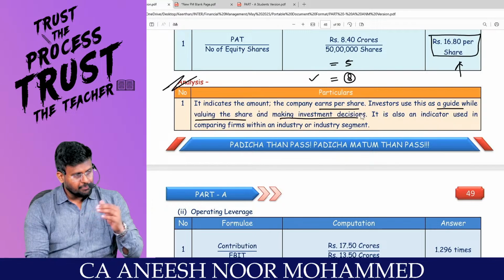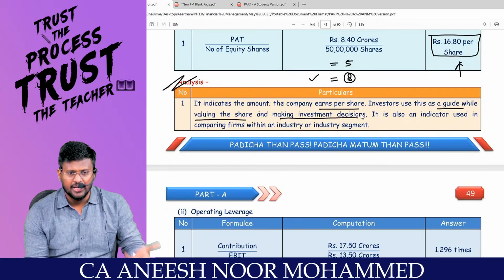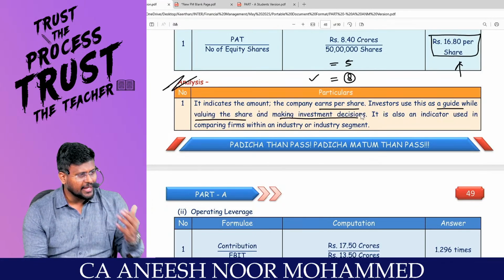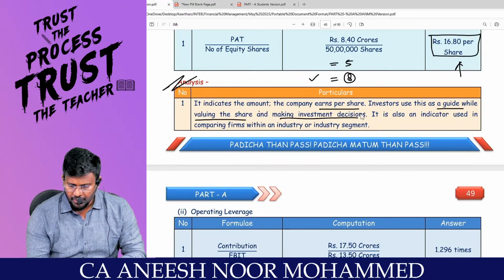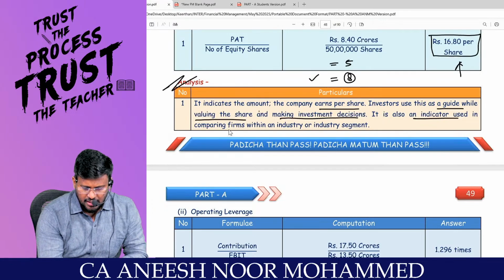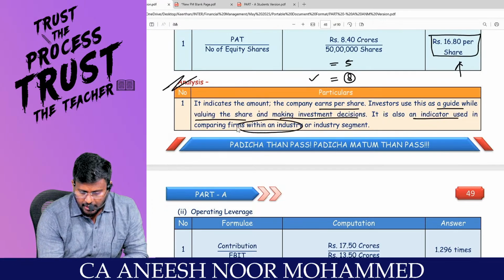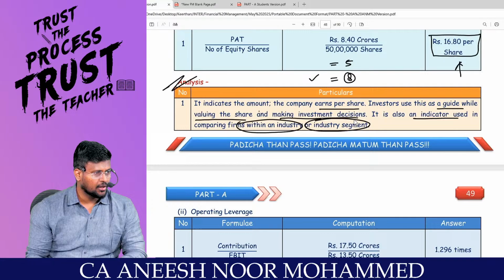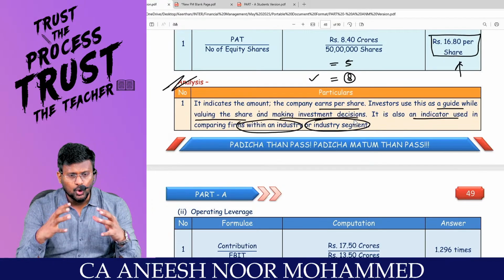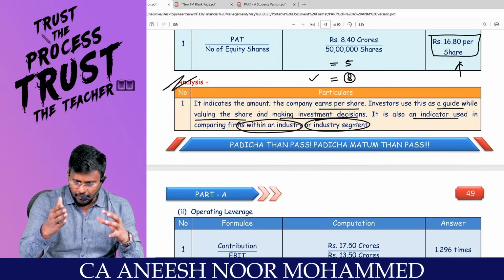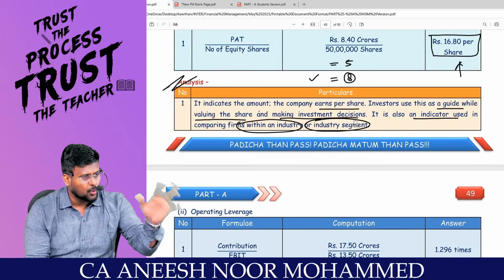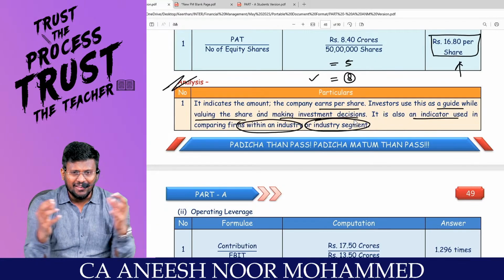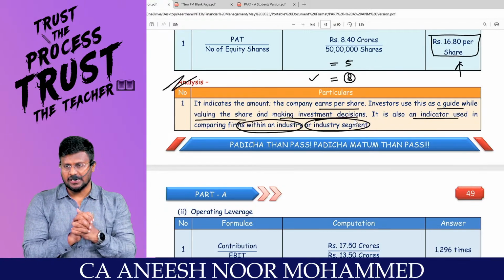That means if a company is having more EPS, it will have more value. It's the same like a cow giving more milk will have more value. Comfortable? It is also an indicator used in comparing firms within an industry or industry segment. For example, sir, in the coaching industry itself, if company X is giving 8 per share and company Y is giving only 3 per share, you can have an intra-firm comparison with the EPS.